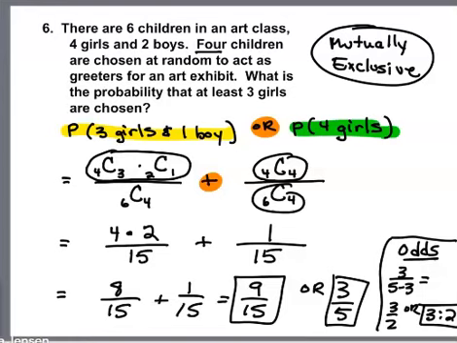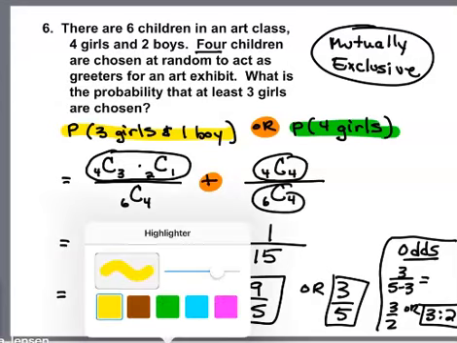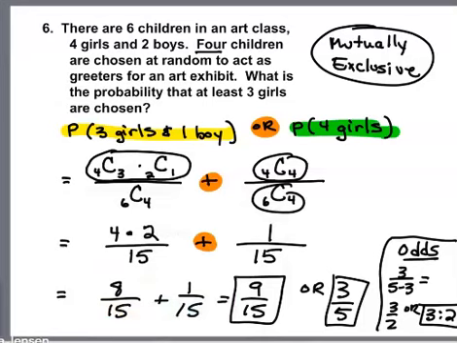All right. So once again, whenever we have an OR problem, we want to add those. And then if there's any overlap, we subtract them. There's no overlap. This was exclusive because there can never be a group of 4 girls that is also 3 girls and a boy. It has to be one or the other.